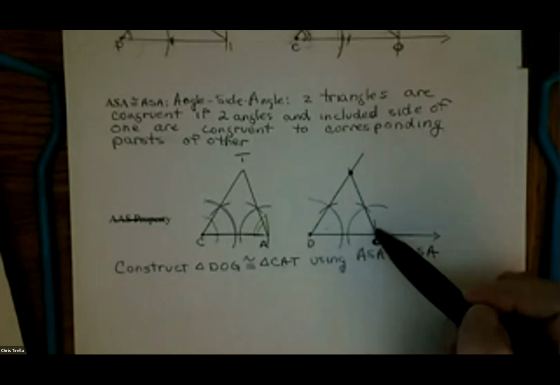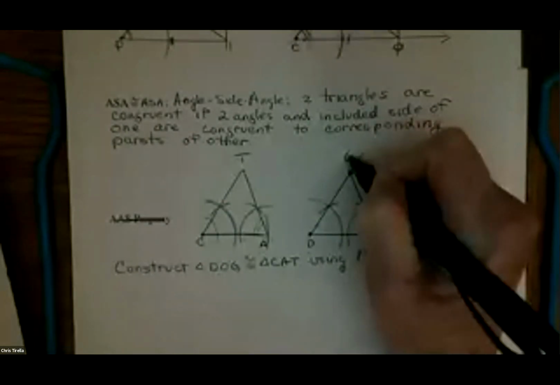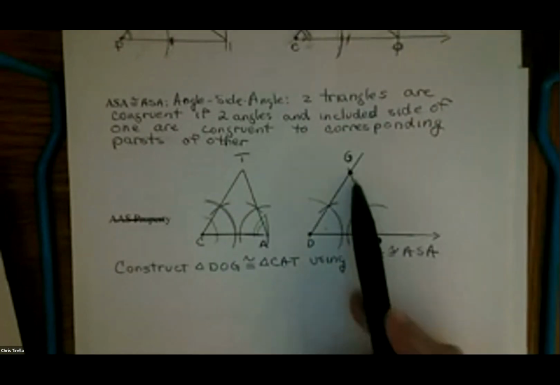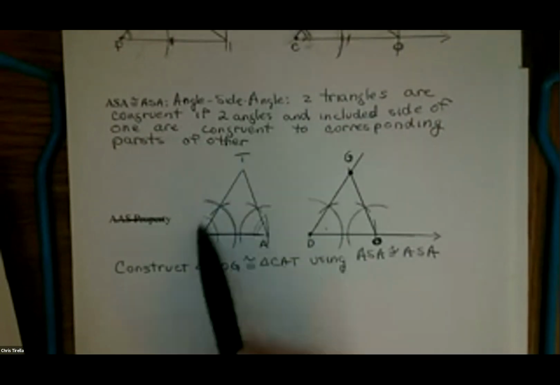That's the only point where that's possible. So that'll be G. And so triangle DOG is congruent to triangle CAT.